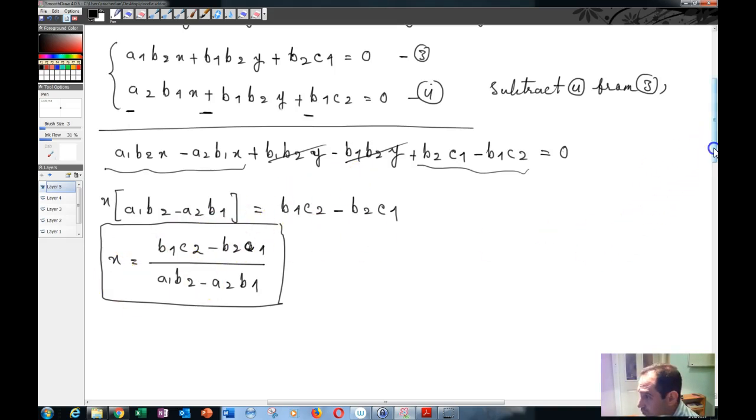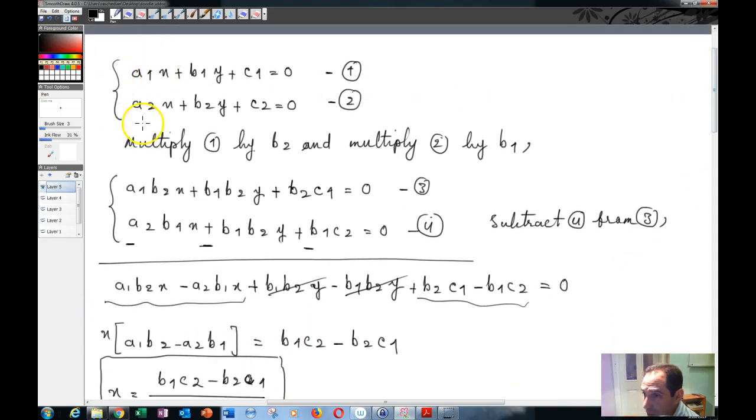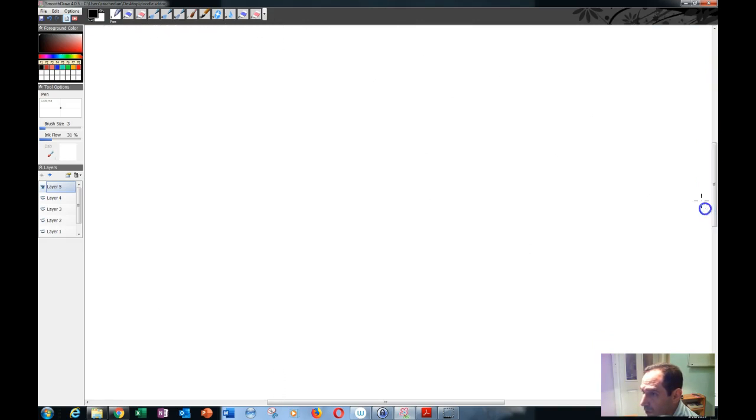Now you saw that in order to solve for x, I had to get rid of my y. So you can now get rid of your x's in order to solve for y. Okay, so I'm going to write this over here again.